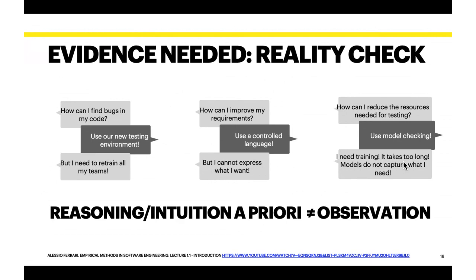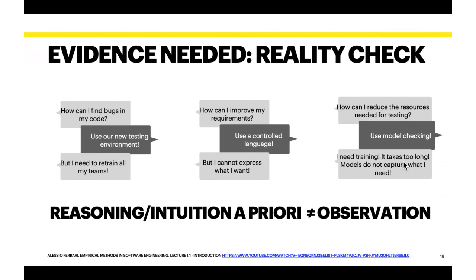So for instance, if you are saying, I need to find bugs in my code, then a typical consultant will come to you and tell, use our new testing environment or use our new tool to find those bugs. But then, of course, this would also require retraining all the teams. So how nice this testing environment might be, if it's not accepted by people, then something is wrong.